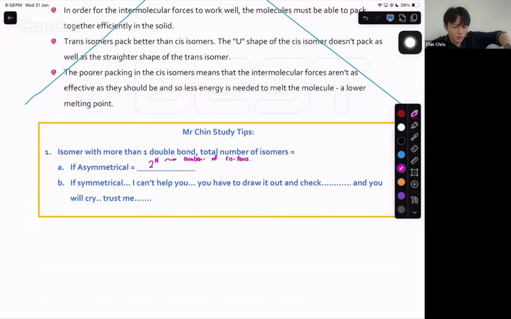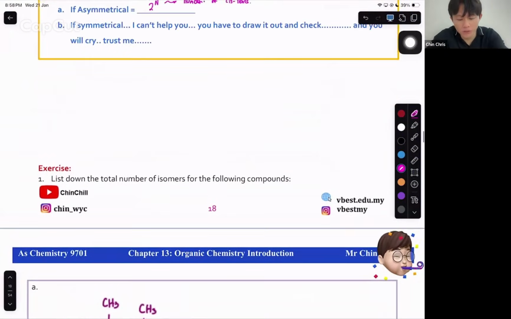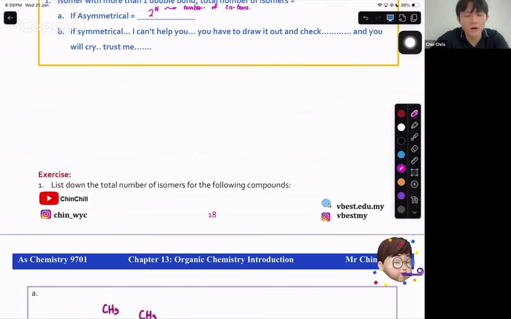All right, guys, let's go. List down the total number of isomers for each of the compounds. All right, guys, let's do this question now.